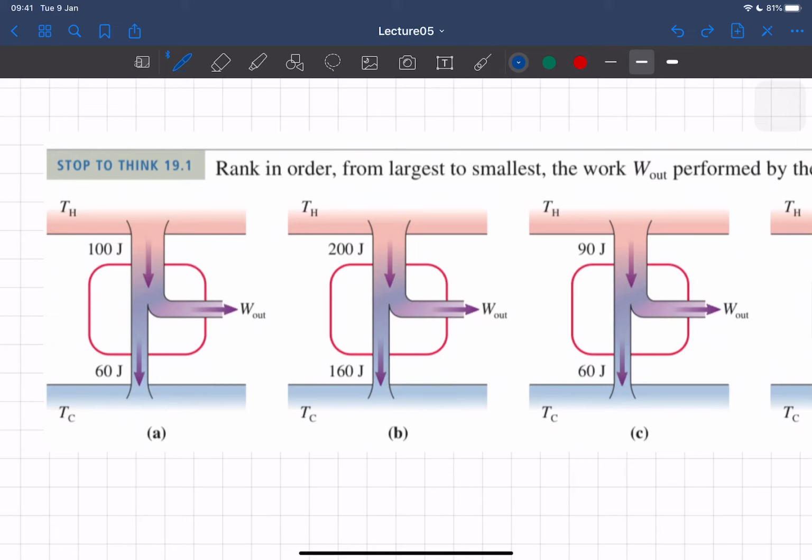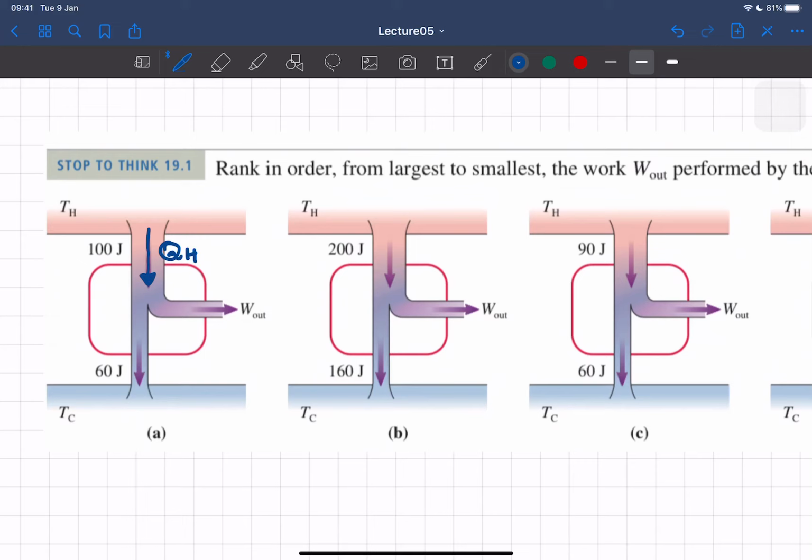Okay, so the heat from the hot side will flow out from the hot side, right? So you can also write this to be QH, right, to indicate that this is heat that you extract from the hot side.